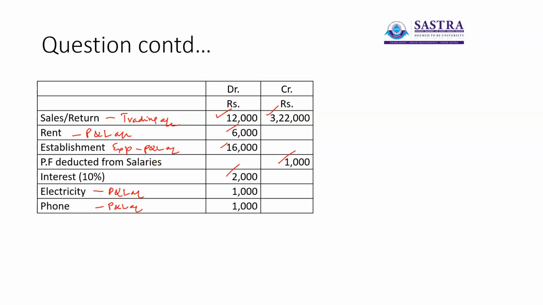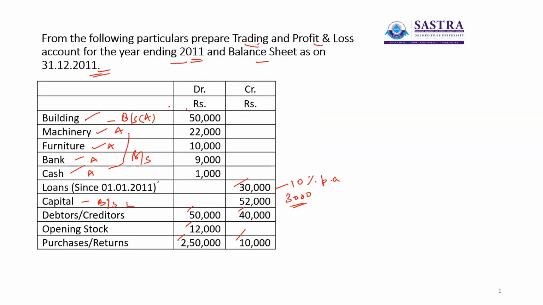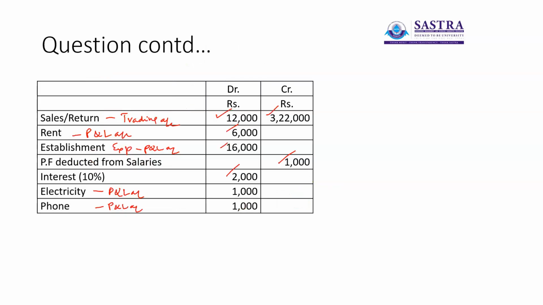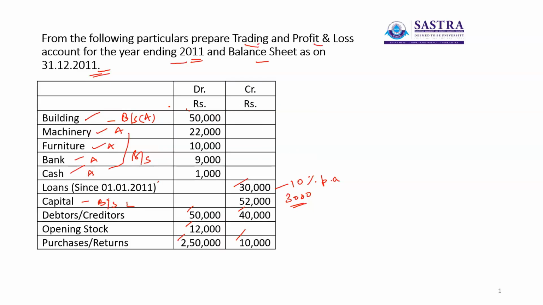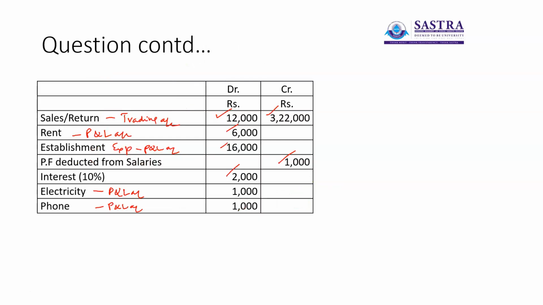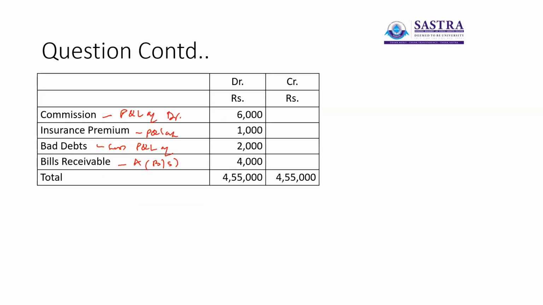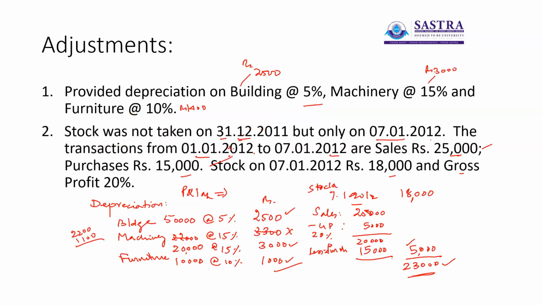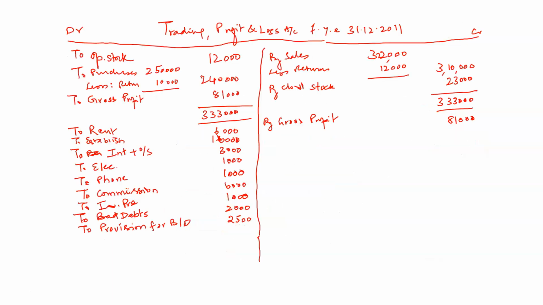Then bills receivable is a balance sheet asset item. Onto the credit side, loan is a balance sheet liability, capital is a balance sheet liability, purchase returns adjusted. Then there is no income given. So we have to give effect to depreciation.